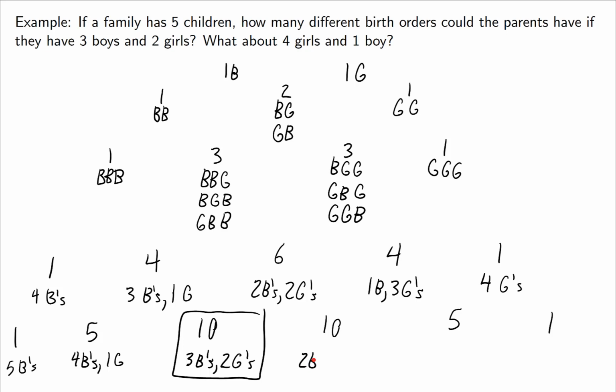This would be 2 boys and 3 girls, and then you have 1 boy and 4 girls. That's another question we were asked about. Or you could have 5 girls. So because we did the triangle before, this ended up turning right back into it.